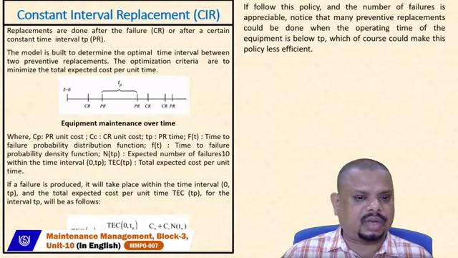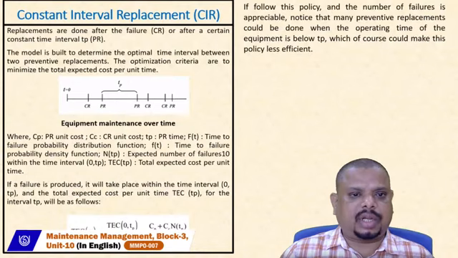Here CP stands for the PR unit cost, and N of TP stands for the expected number of failures within the interval, as I told you, and TP stands for the constant time interval.